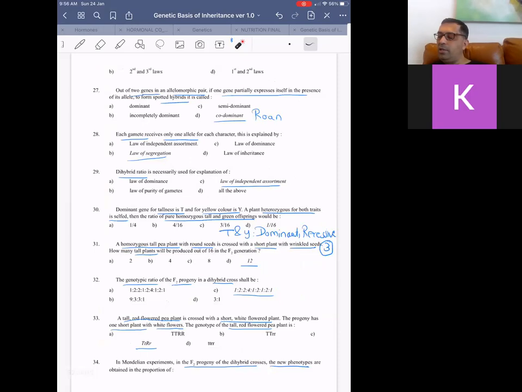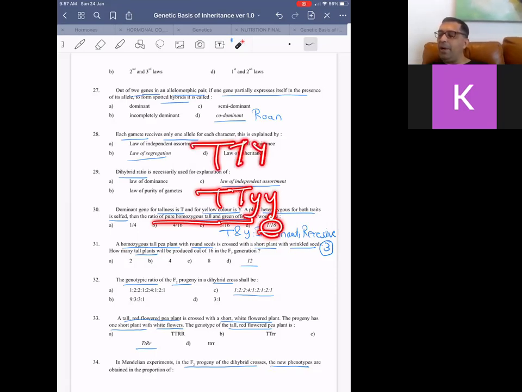So tallness, capital T, and yellow color is capital Y. A plant heterozygous for both traits is selfed. Then the ratio of pure homozygous tall and green offsprings. So tall and green, that is capital T, and small y. How much will you get? 1 out of 16. By the way, how much did you get for capital T, capital Y? 1.